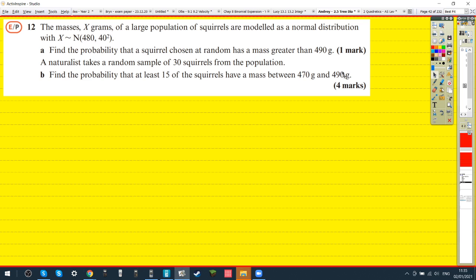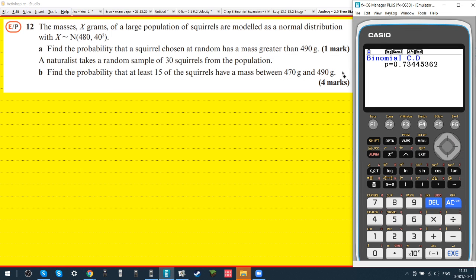Okay, so find the probability that at least 15 will score. So do I need to do normal cumulative distribution first, then use the probability for that to do the binomial? Yeah. Go to distribution.